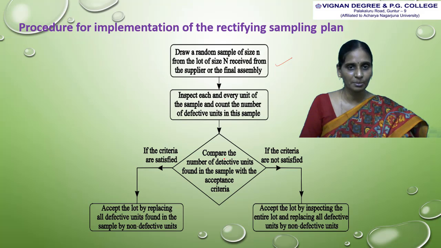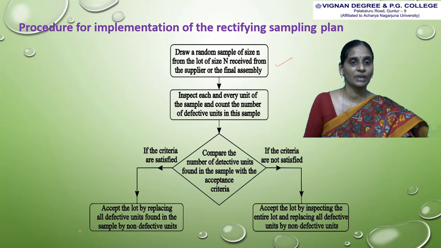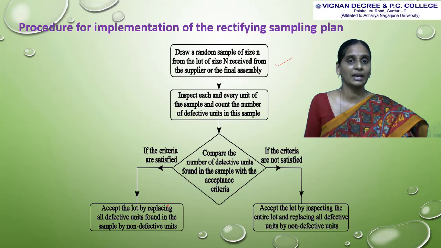Next, we compare the number of defective units found in the sample with the acceptance criteria. In the comparison, the criteria are either satisfied or not satisfied. If the criteria are satisfied, we accept the lot by replacing all defective units found in the sample by non-defective units.